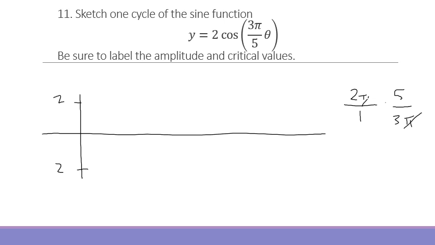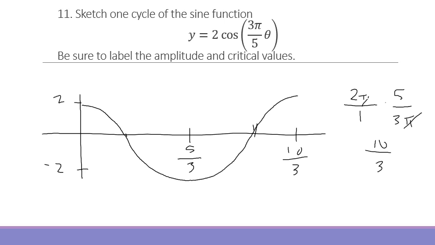Pi's will cancel out, so we get 2 times 5, or 10, over 1 times 3, so 10 thirds. So in the middle here, we'll have 5 thirds, right? So this one, since it's a positive 2, we're going to start up, cross the x-axis in the middle, and we'll end up and down at the bottom in the middle. There you go.